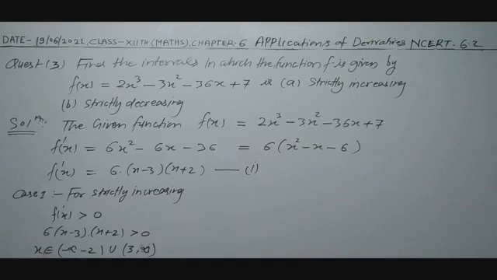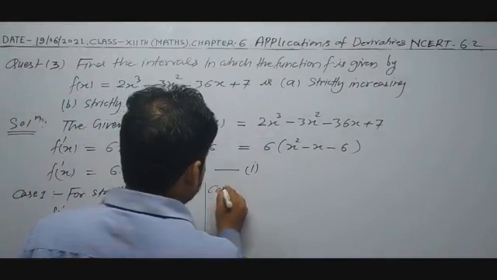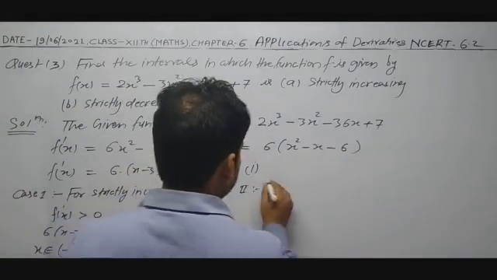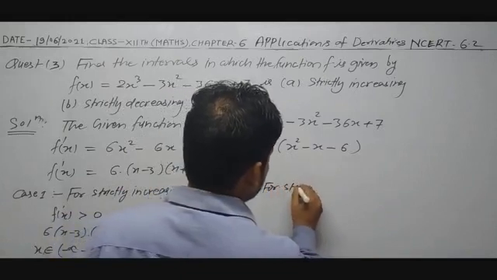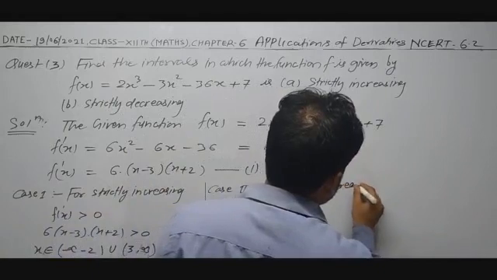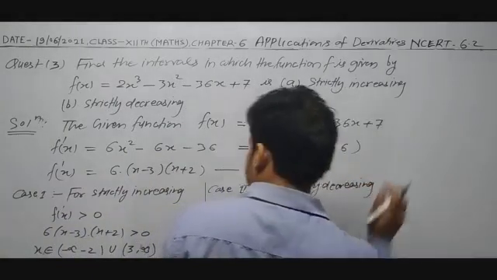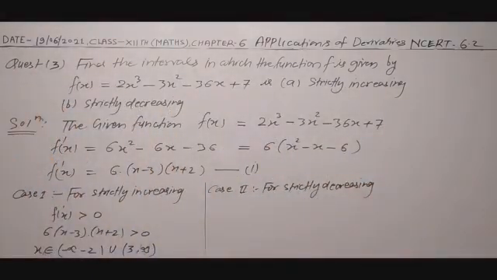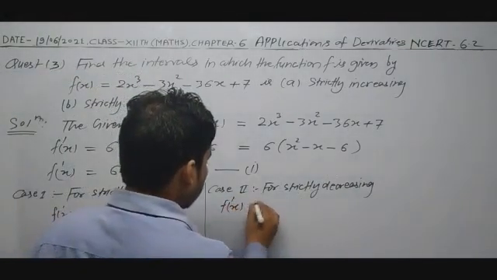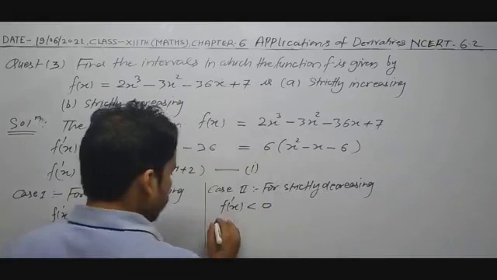And now for strictly decreasing, consider case 2. For strictly decreasing function, f dash x will be less than 0.